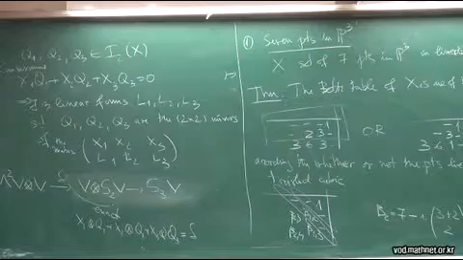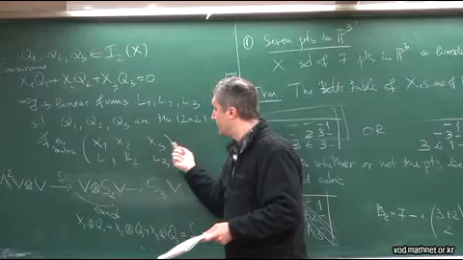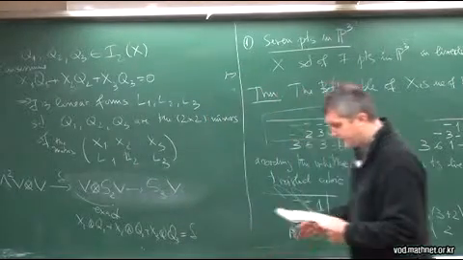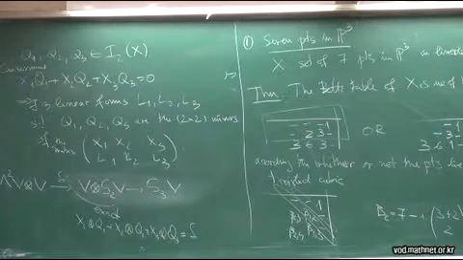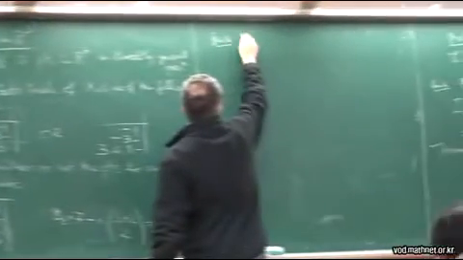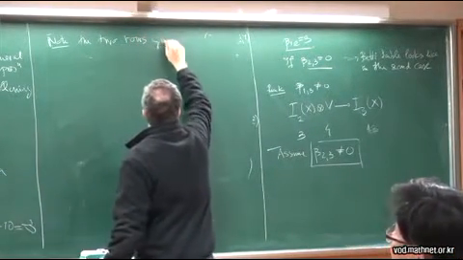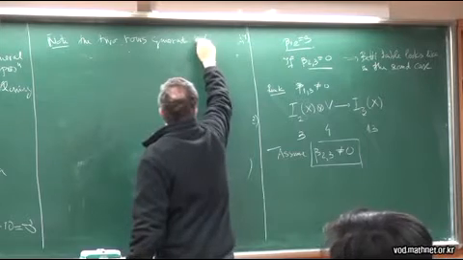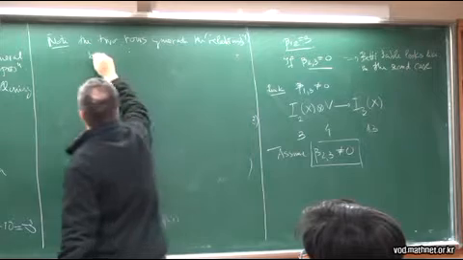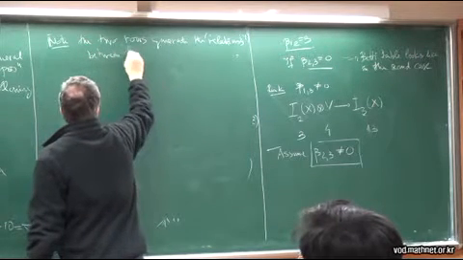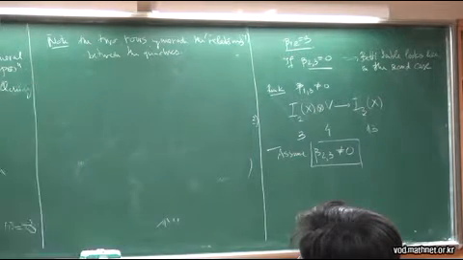Okay, and now the two rows here are independent and give the relations between the quadrics.